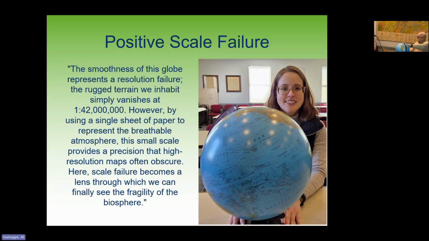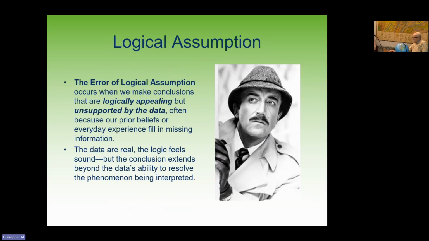Feel that, that's all it is. Round and smooth, everything disappears into it. But using that one sheet of paper for the breathable atmosphere shows you just how fragile the whole world is. That really made me think. So, moving on.